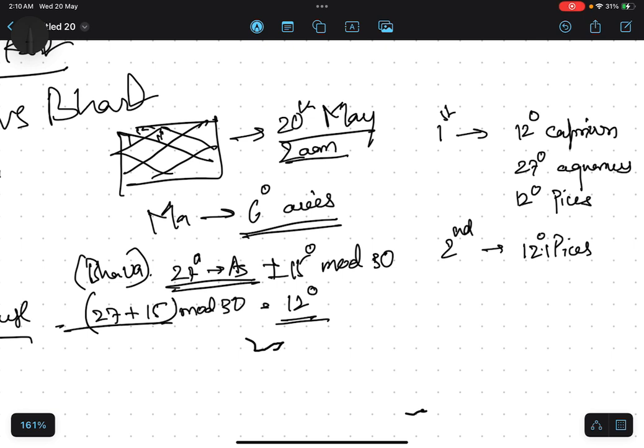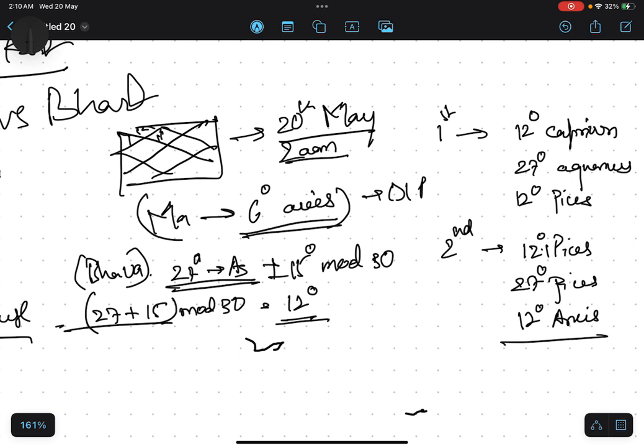So just take it as 12, and then 27 degree Pisces is its middle point, and then 12 degree Aries is where it ends.